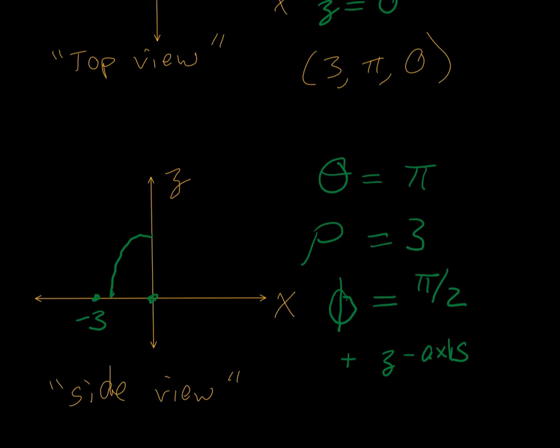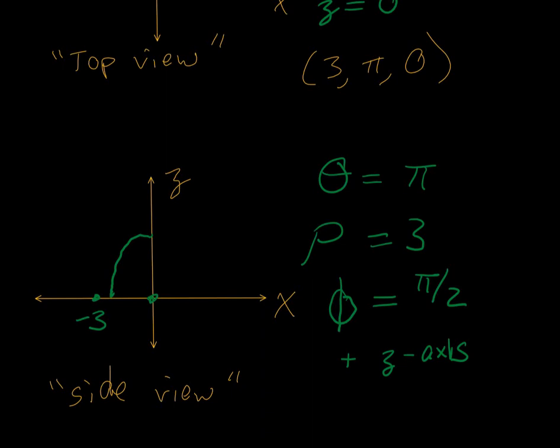Again, drawing it in space is not particularly easy on a flat piece of paper, but this is a good time to do an arm graph where you pretend you're the z-axis and let your arms be x and y so that you can better visualize these.